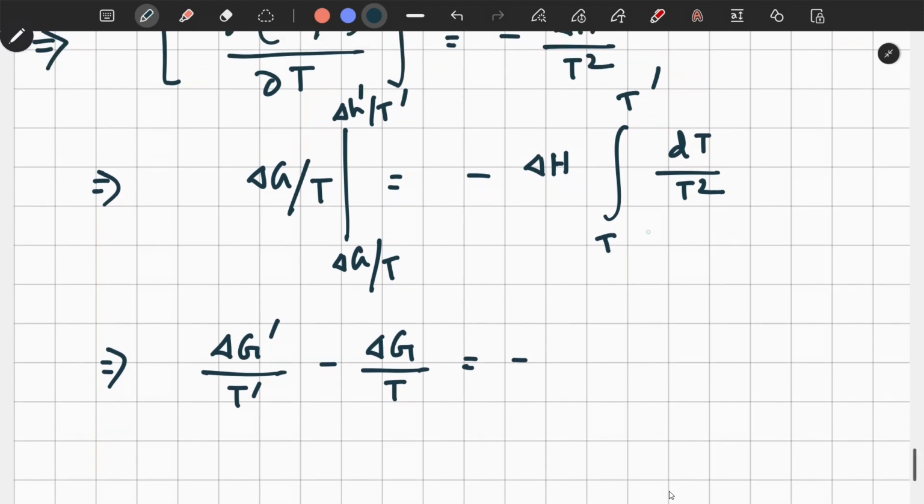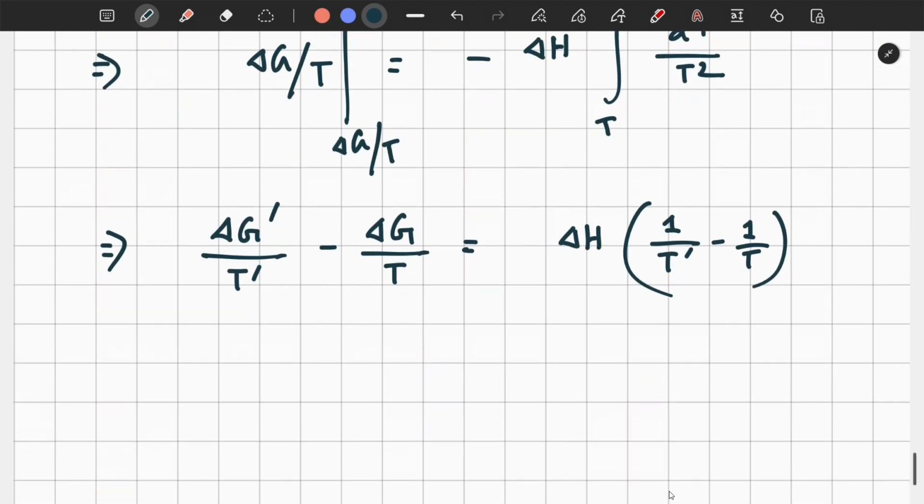So it will be minus 1 by T, so just 1 by T. Just check whether I'm doing it correctly or not.